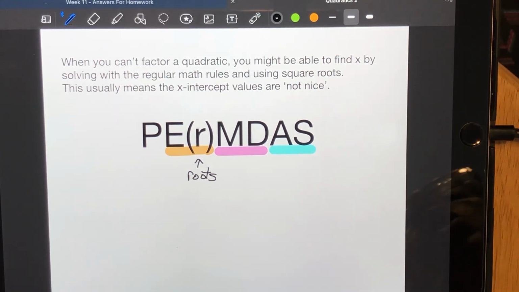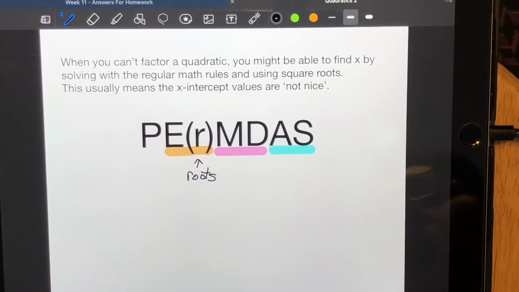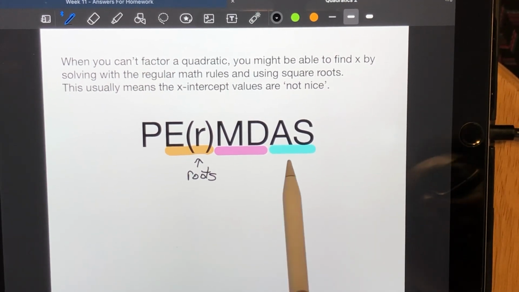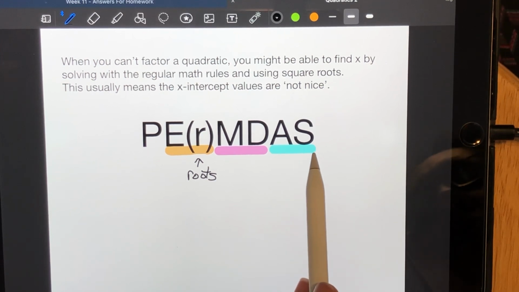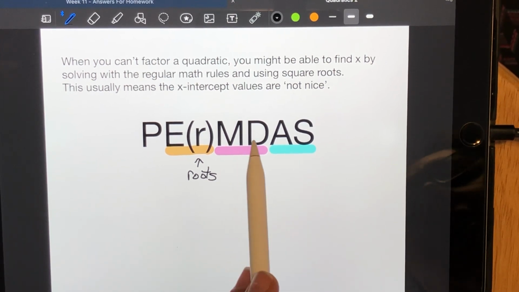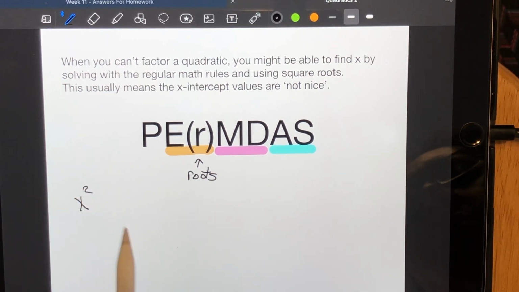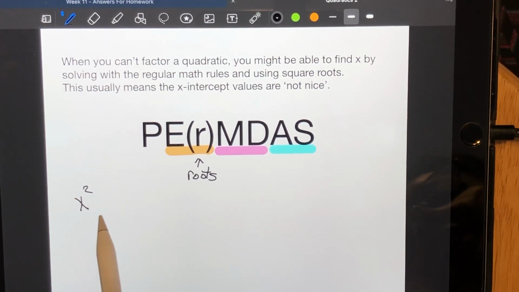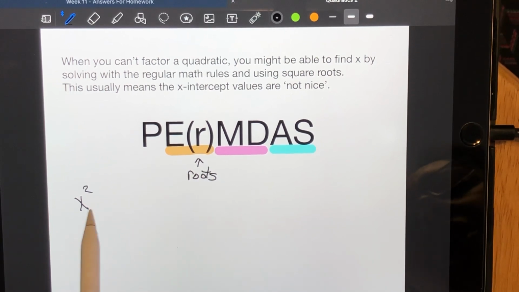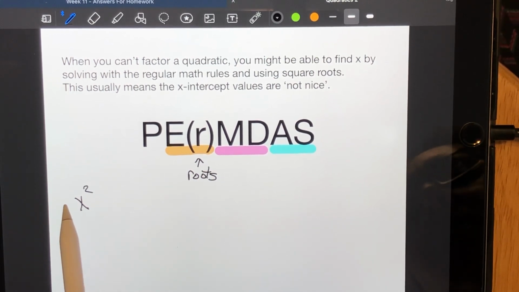In math, all of the ways that we work with our problems always have an opposite. So addition has the opposite of subtraction. Multiplication has the opposite of division. Exponents, like x squared, would have the opposite of a root. So the opposite of an exponent is a root.